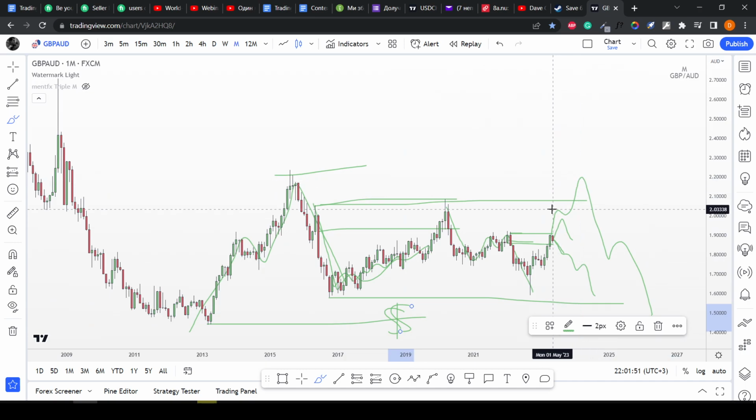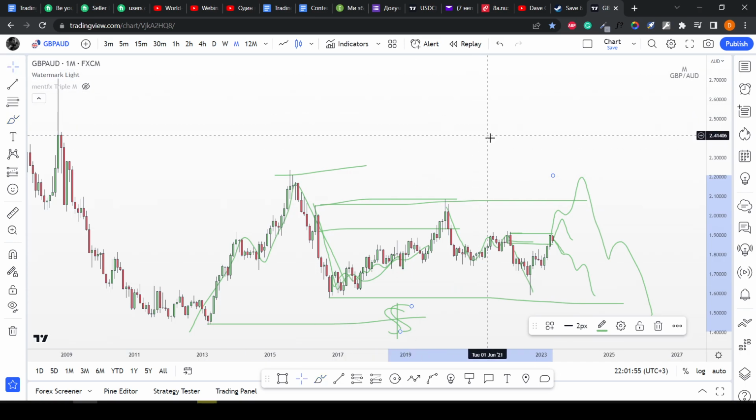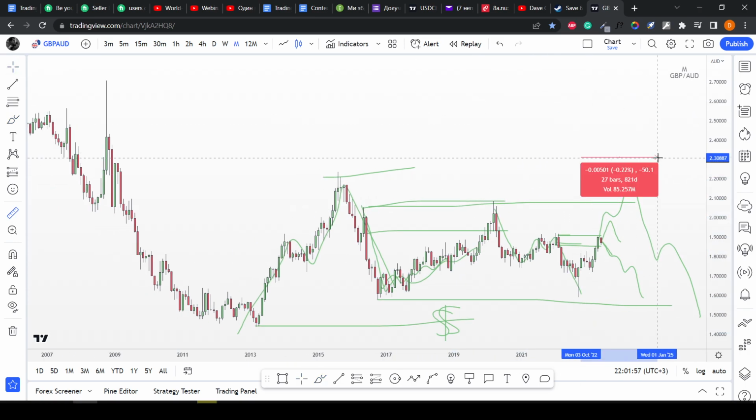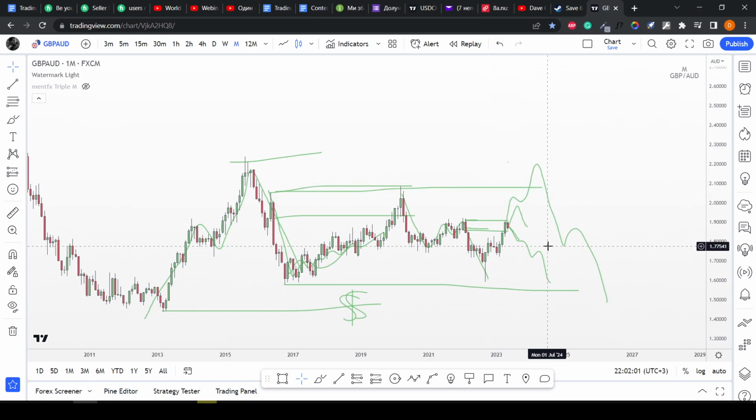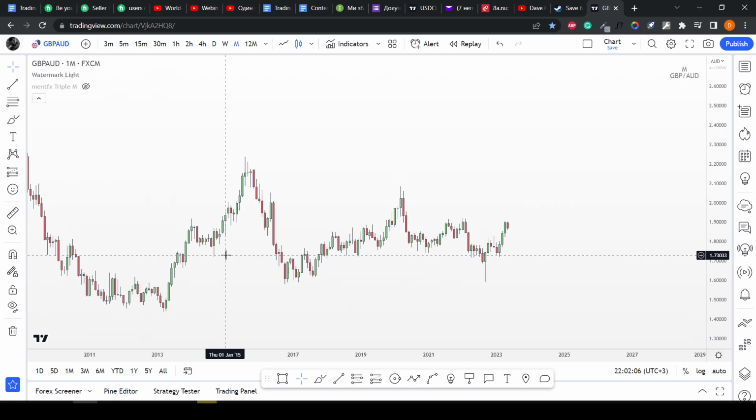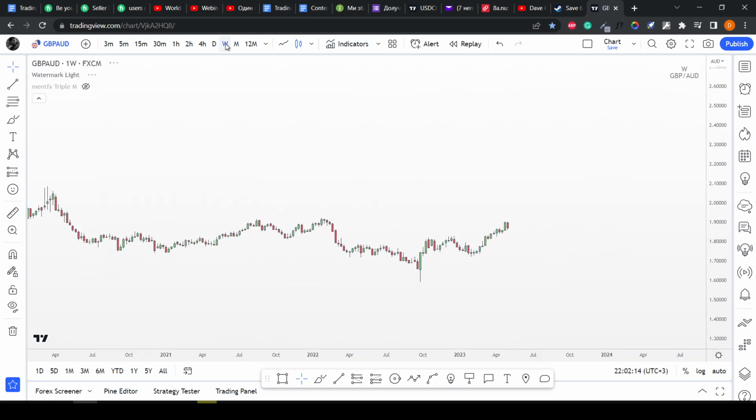But to check on this idea, you will need to wait for how long? Maybe like 35 months to actually understand what will happen. And that's why we need to decide either we are trading monthly or we go lower to confirm our ideas. So again, 51% for bullishness on monthly from my side.